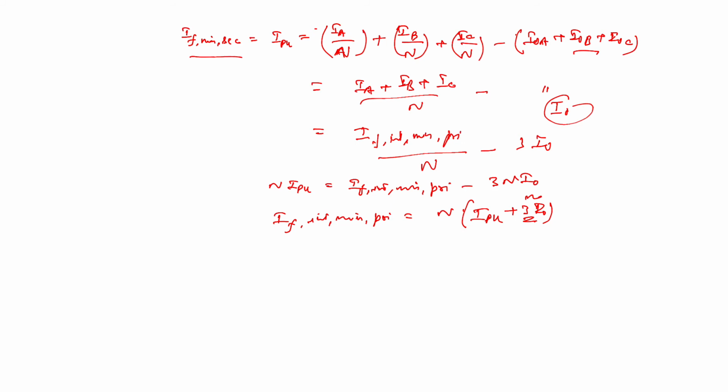Now, what is the stability ratio of high impedance busbar differential protection? The stability ratio is defined as the ratio of the maximum external fault current for which the scheme remains stable to the minimum internal fault current for which it operates.